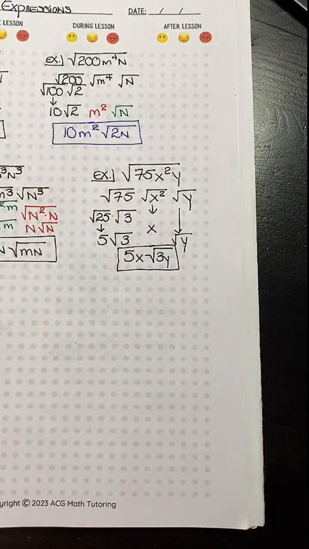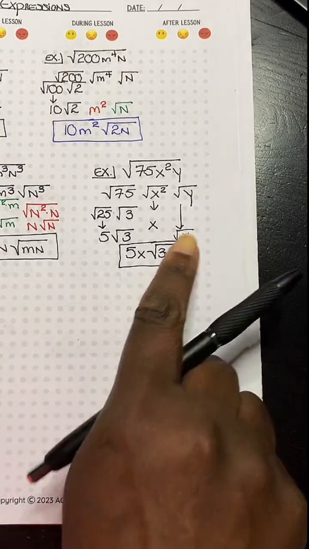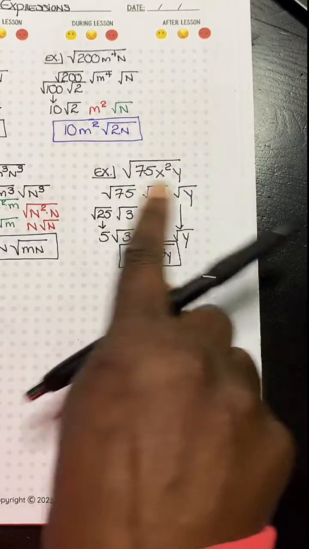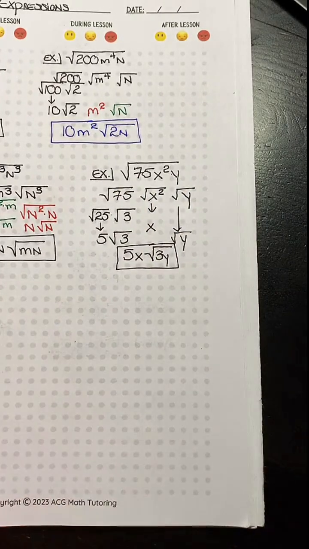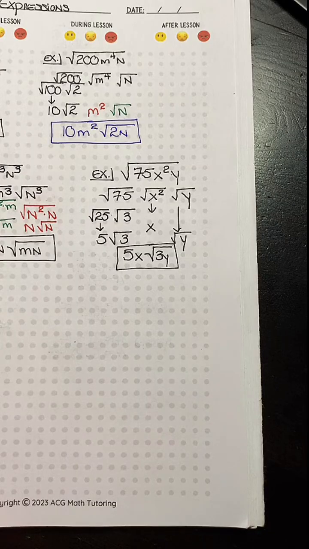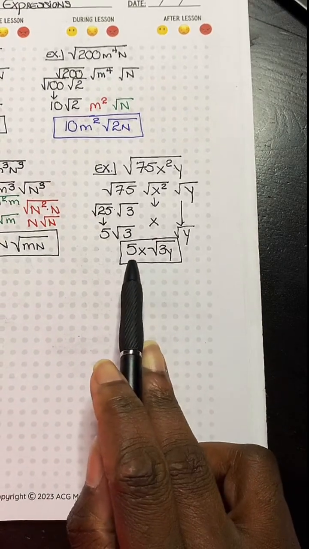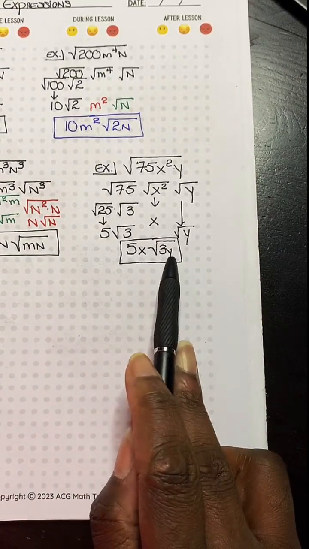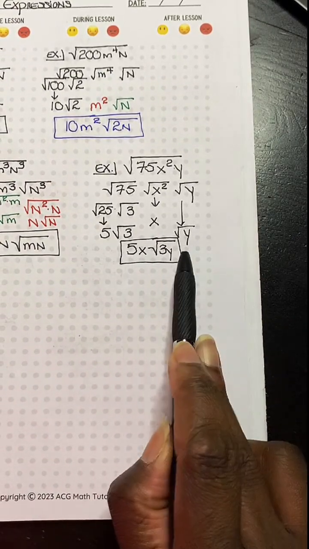Yep, this is simplifying radical expressions, not equations, because we're not solving for anything. We're just simplifying. Okay, not a problem. Would the second part of the radical always attach to the plain number? Yes, the whole number always goes before the radical, because you don't want to put it behind.